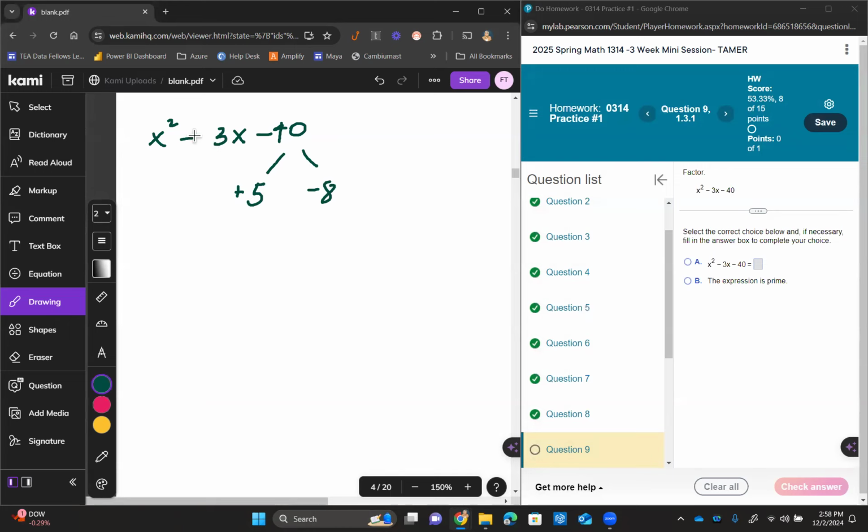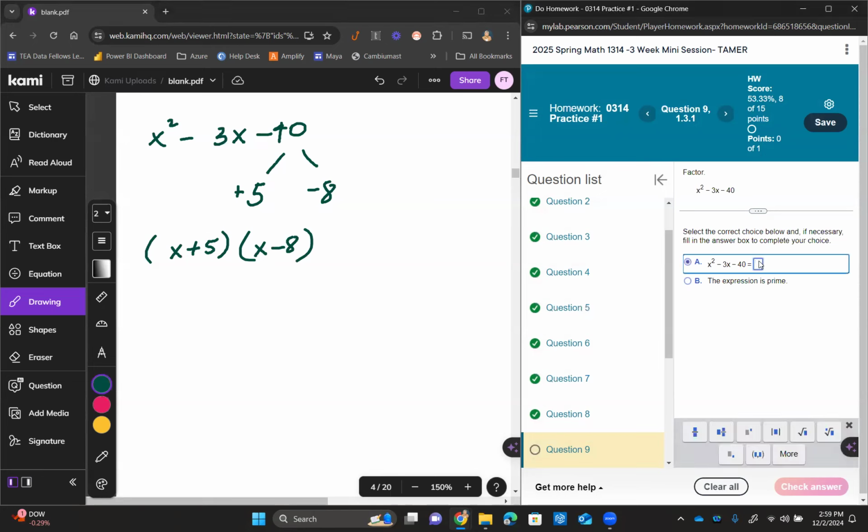I have to check the second part, because if their sum is not negative 3, these are not the numbers that I'm looking for. So one factor will be x plus 5, and the other factor will be x minus 8. We have two factors here. One factor is x plus 5, and the other factor is x minus 8.